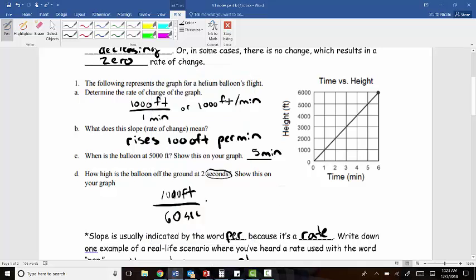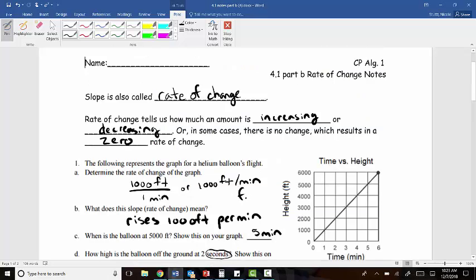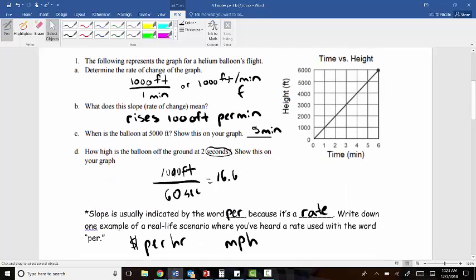So it's about 16.6 feet per second. So now if you're looking at 2 seconds, you just double this. So that's about 33.2 feet.